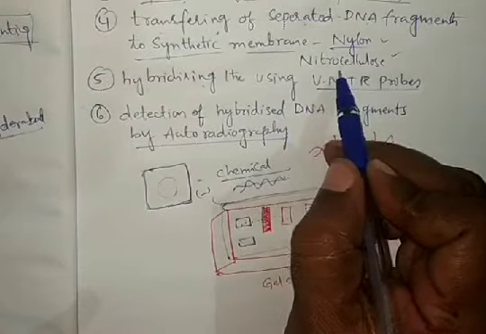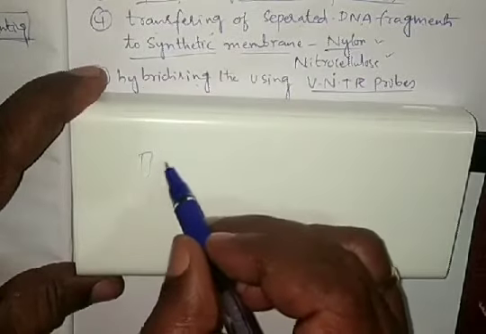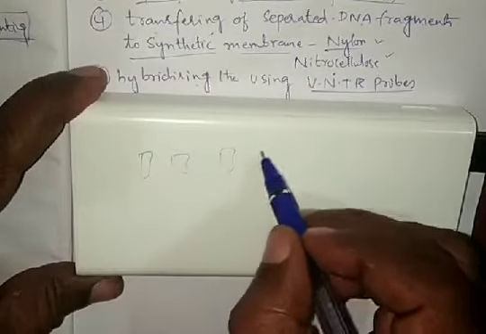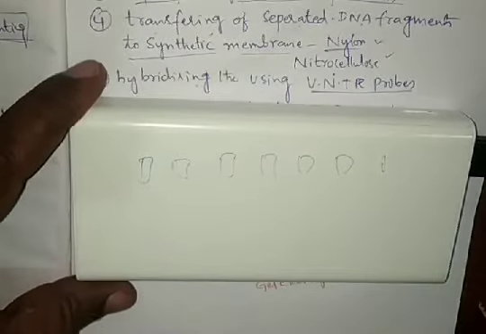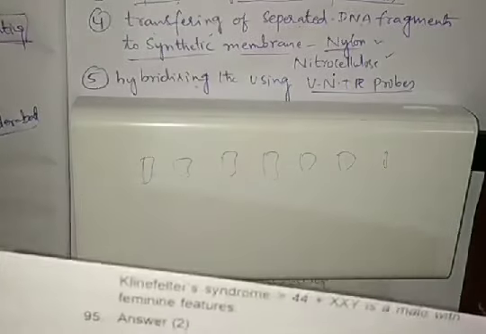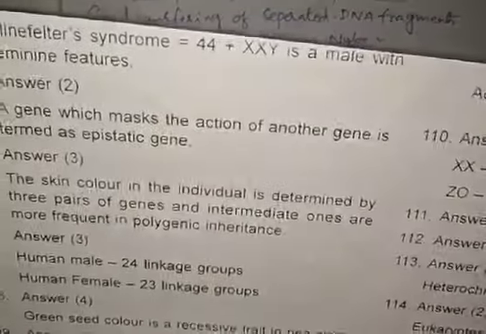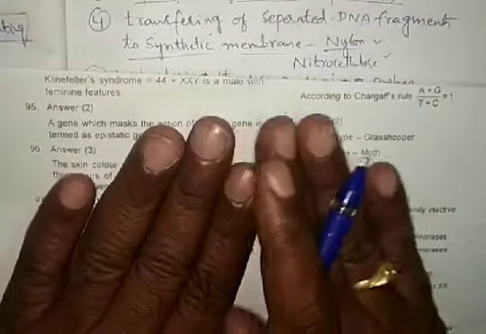Suppose this is a gel electrophoresis slab, and some DNA bands are present in it. These DNA bands are transferred to the nitrocellulose sheet. For example, this sheet is put on the slab and we press it.